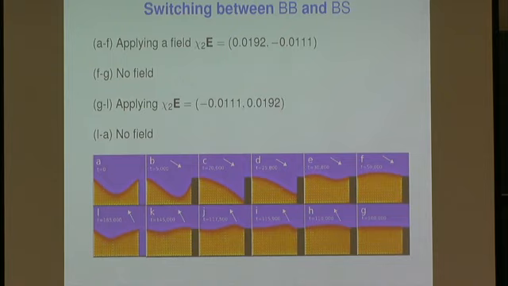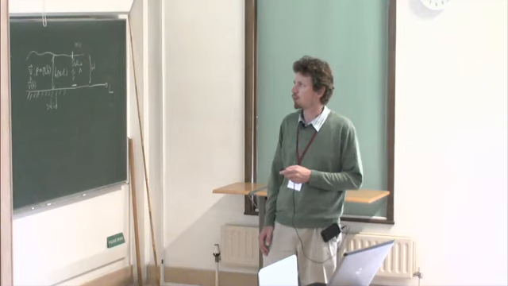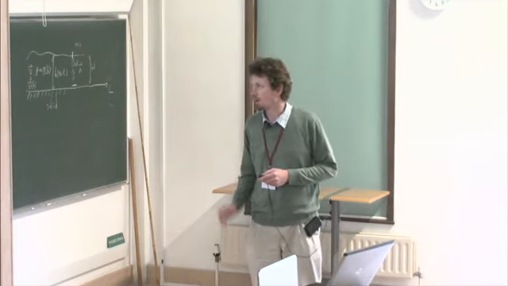And once it does that, it easily rotates under the influence of the electric field, re-wets the wall, and then we are left in a state with bend in one corner and splay in the other.